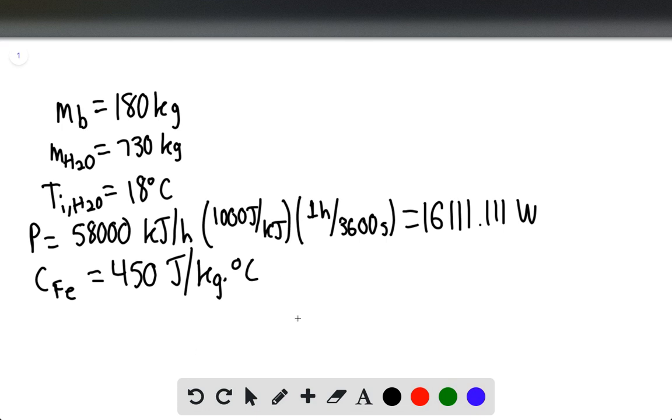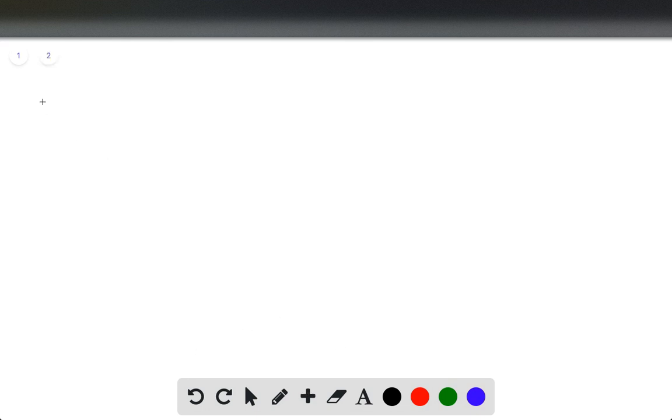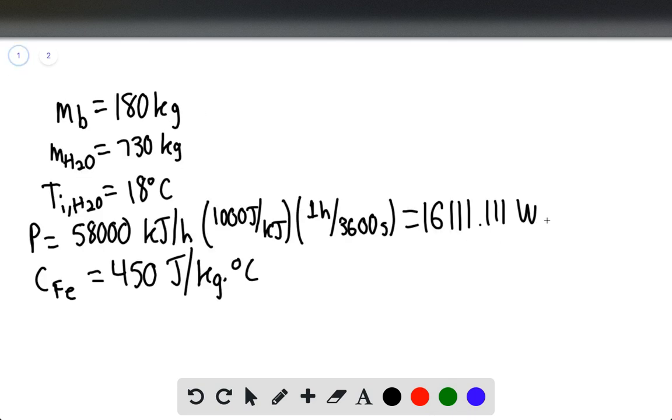So we can say for part A, we need to find the amount of time taken to raise the temperature of water to its boiling point. So we have Q1 is going to be equal to a power times a time. Power is measured in watts, where 1 watt equals 1 joule per second.